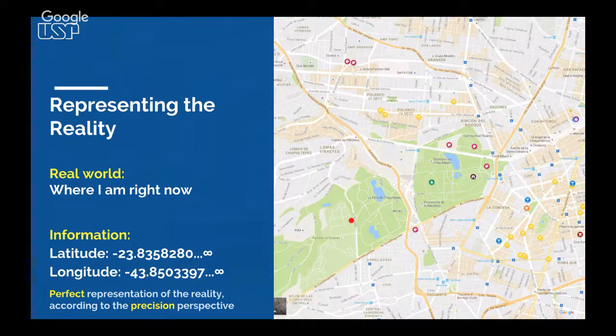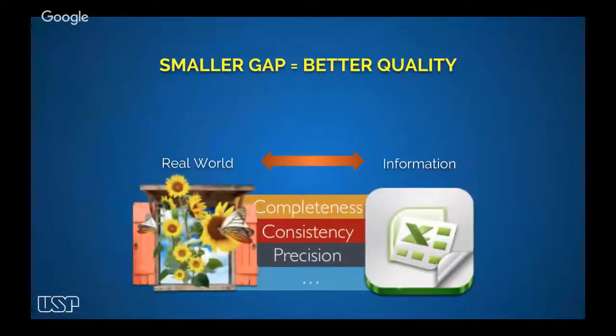Okay, so that's an example of how the information represents this gap between the information and the real world. So we can say that the smaller this gap, the better the quality. Okay.